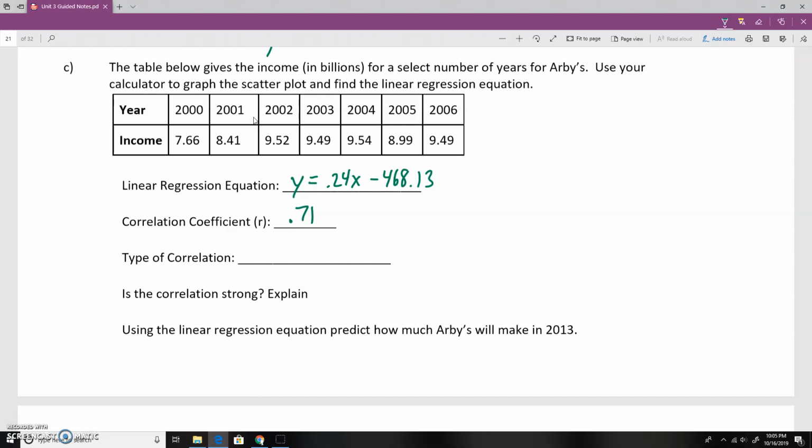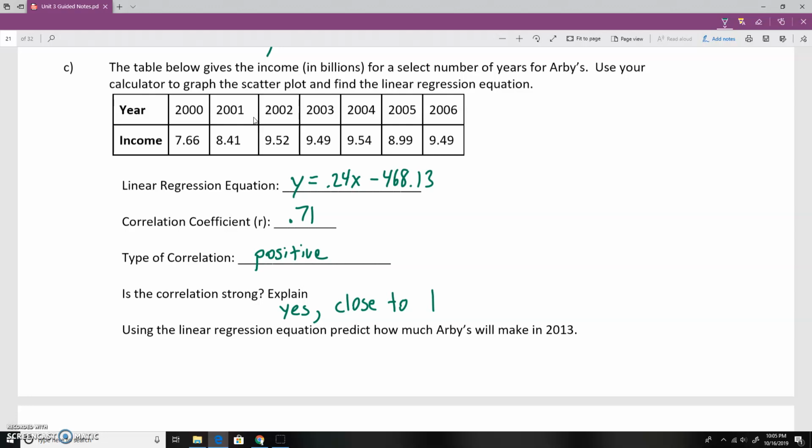Okay. The type of correlation here, well, it's a positive because we have a positive R value. All right. Is the correlation strong? I'm still going to say this is yes, okay, because it's close to +1. All right, we'll talk a little more about what that exact numbers need to be here in just a minute.